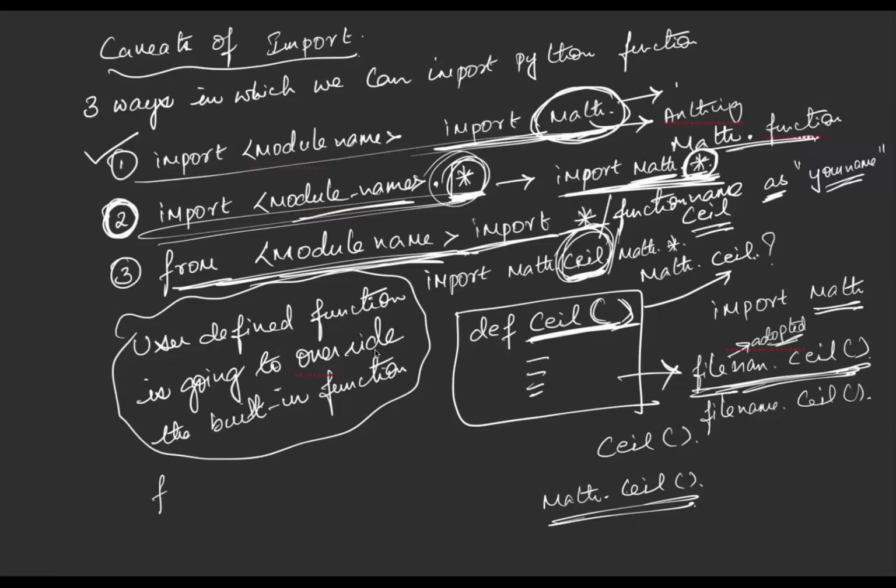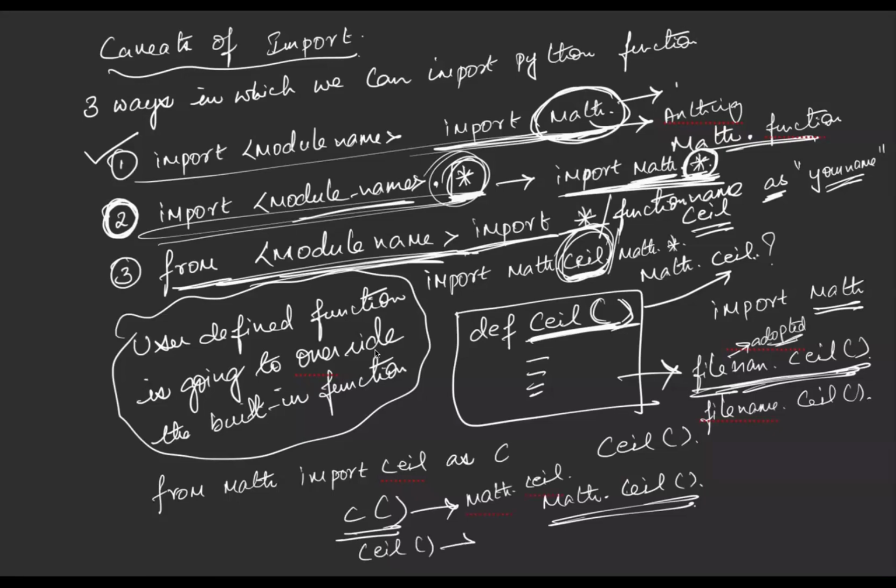Like I can say from math import ceil as C. When I say C and give brackets, Python will understand that he is talking about math.ceil. And when I say ceil with parenthesis, the Python interpreter understands that I am talking about the ceil function that is defined in my program.